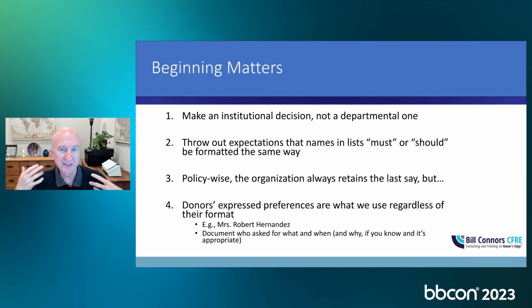Number three is just to protect ourselves. If someone asks for something crazy, we do need to have in policy the statement that says we ultimately retain the rights to determine what's acceptable or not. But normally we don't have any problems. And so point number four is we honor what the constituent asks for.